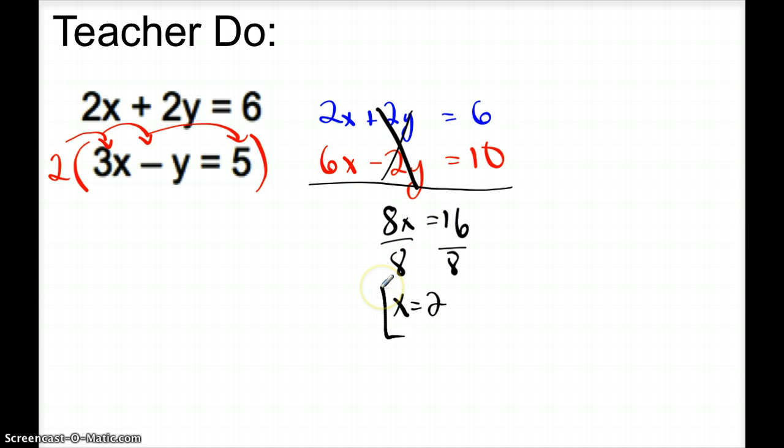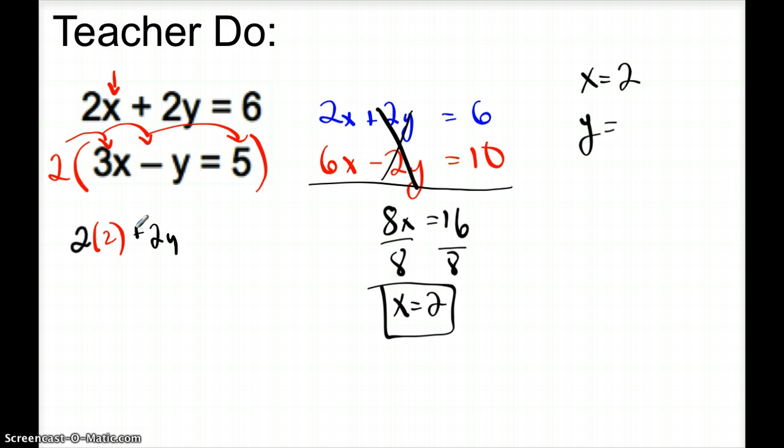Now again, that's half of my solution, x equals 2, and I need to find my y value. I'll plug it back into the equation. I'll put it into this first one, right here. So I'll have 2, and then our x value of 2, plus 2y equals 6.